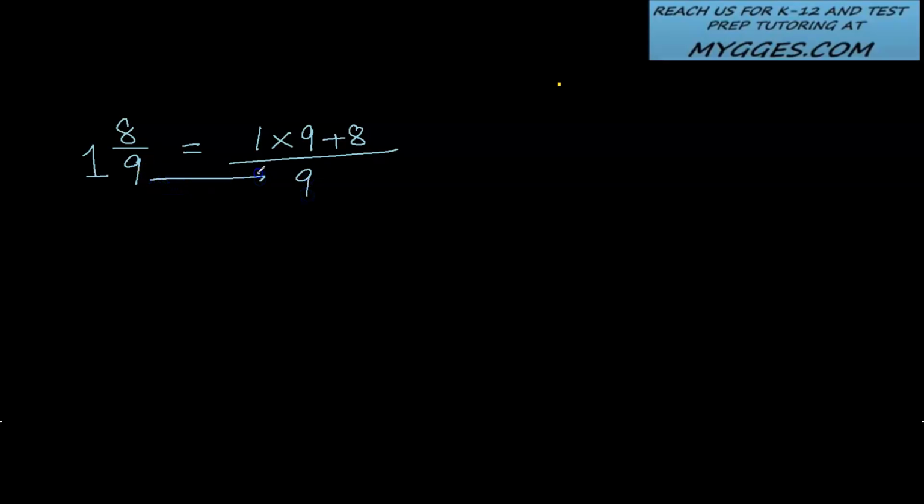As I've said before, the denominator always stays the same. So you multiply your whole part by the denominator and then add it to the numerator. So 1 times 9 is 9 plus 8, so 9 plus 8 is 17. So our improper form is 17 over 9.